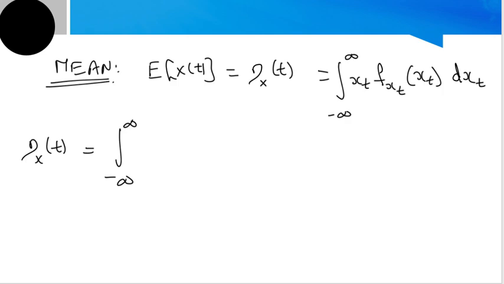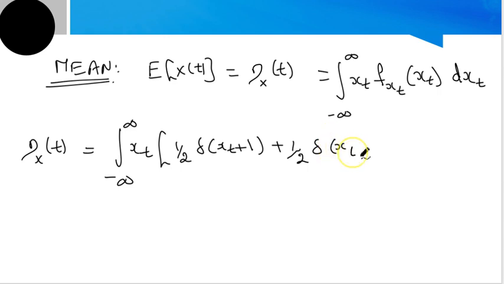So I will have the integral from minus infinity to infinity of x(t) into half delta x(t) plus 1 plus half delta x(t) minus 1, the whole thing into dx(t).